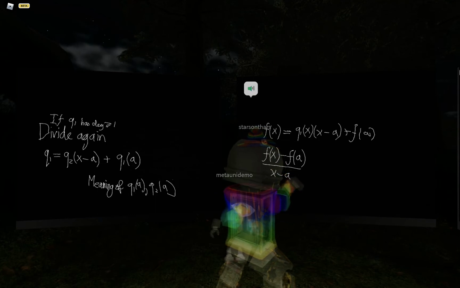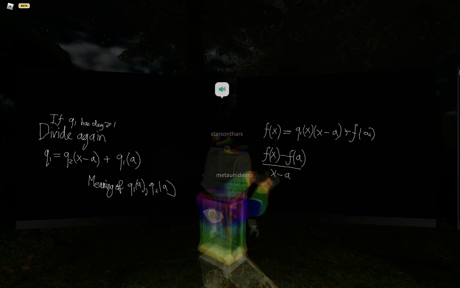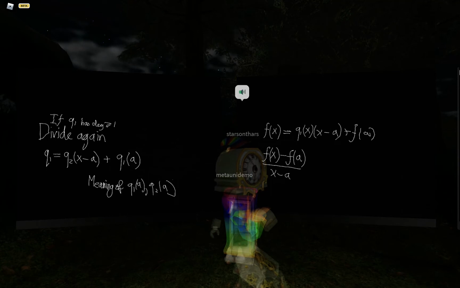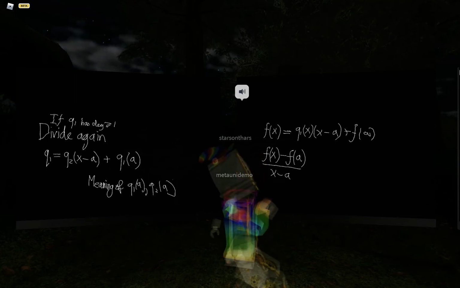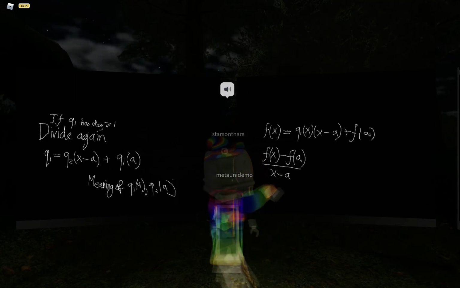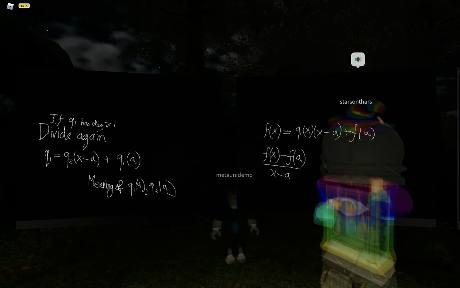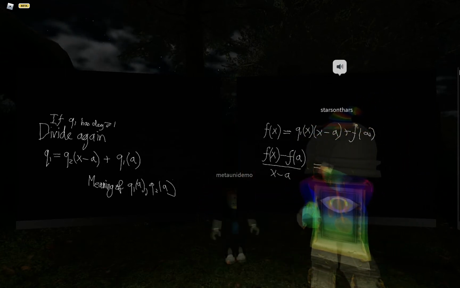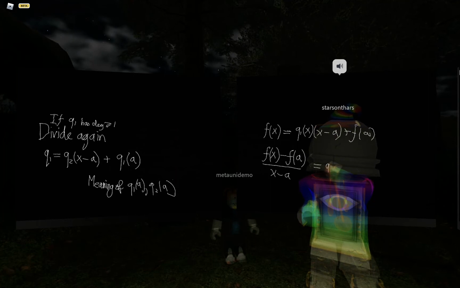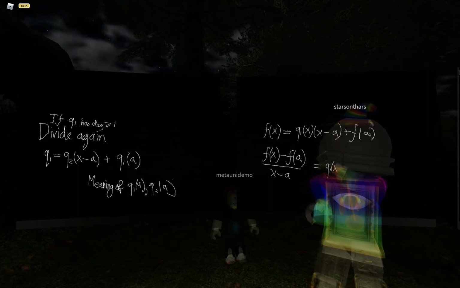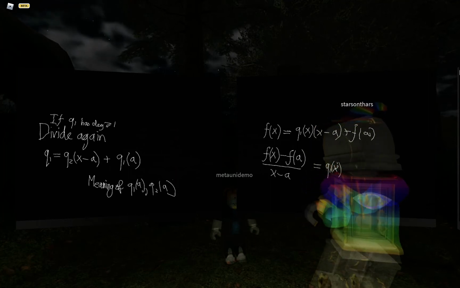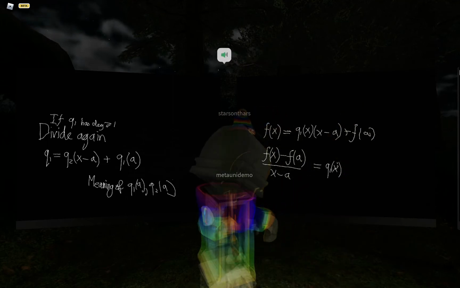Strictly speaking, this is just by definition Q1, and it only really makes sense because I'm in a domain and so on. But this format looks familiar to you, so I'll write it. That is equal to Q1X. So what does Q1A mean?